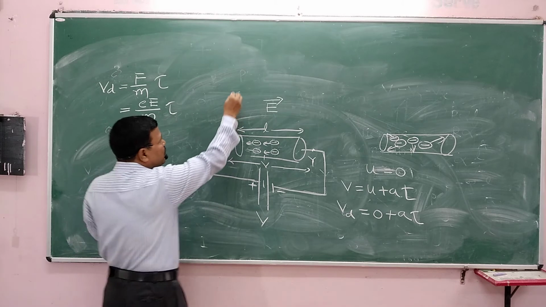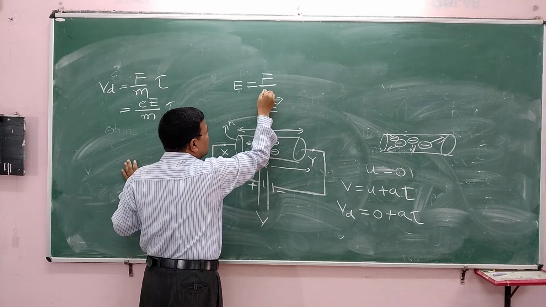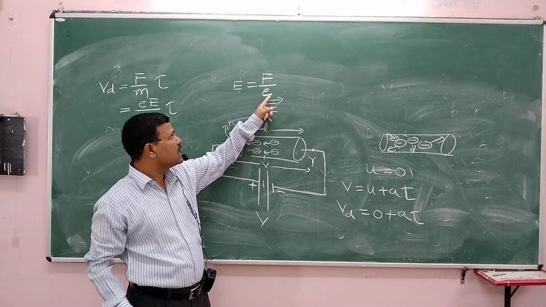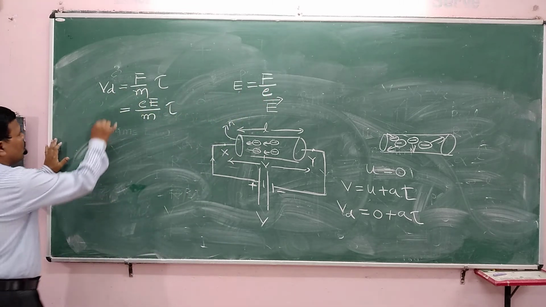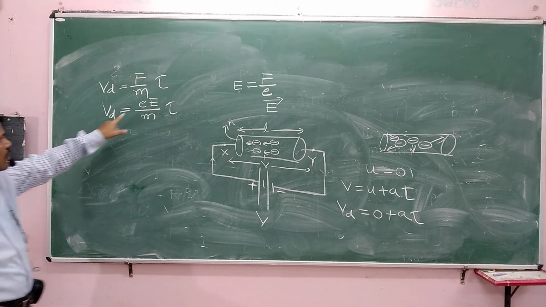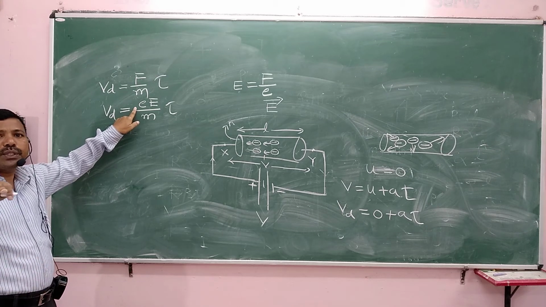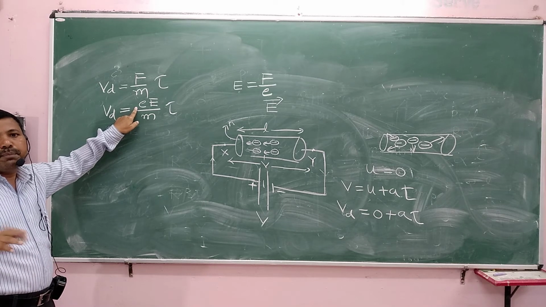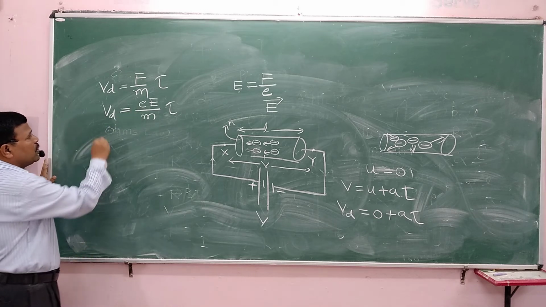In the first chapter we learned that electric field is defined as force per unit charge, so charge into electric field is force. So drift velocity is equal to eE by m into tau. If you put plus here, it becomes the drift velocity of a positive charge. If you put minus here, it becomes the drift velocity of an electron.